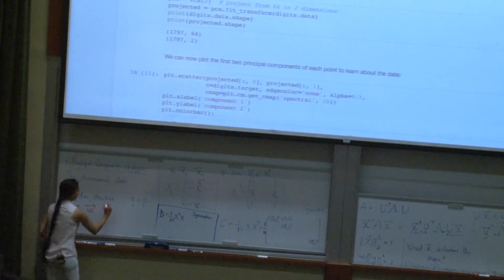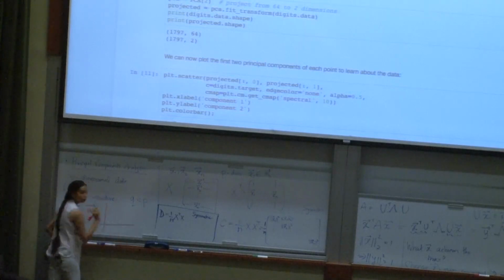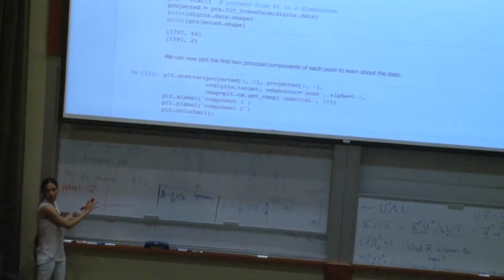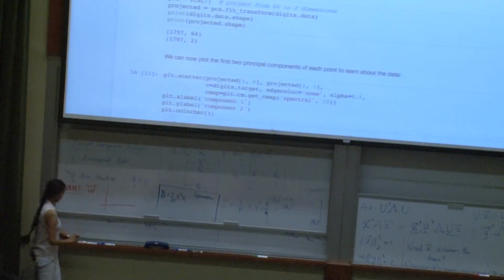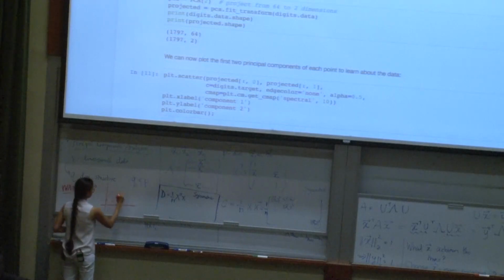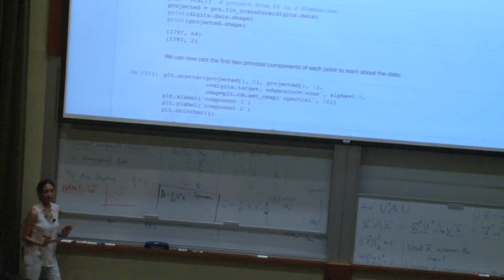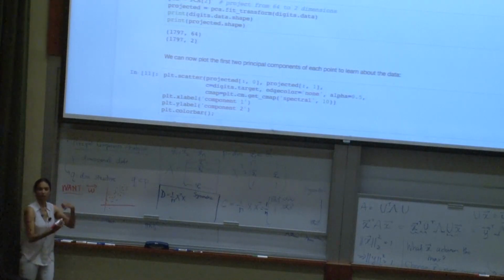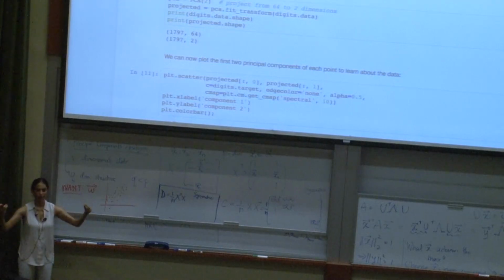So for example, if I had just two-dimensional data, I was working only in R2. Can everyone see this here? I'm drawing in a bit of a corner, but can everyone see? Let's say I had data that was kind of like this. These were my data points. When you look at this data, yes, this data is two-dimensional, but is there a structure underlying it that you might want to pull out?